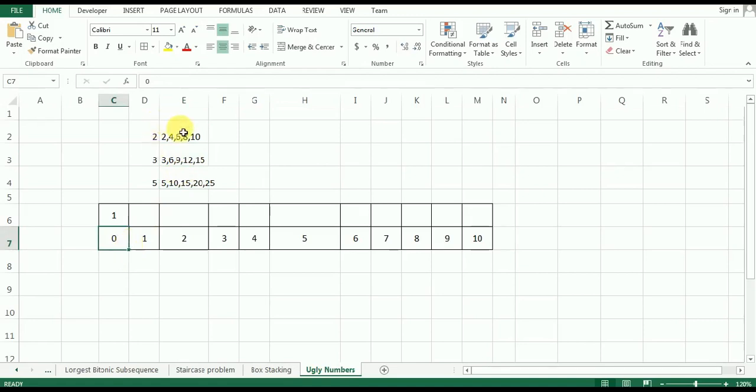Now we cannot keep the series like this, but we can surely think that this series is being formed by multiplying 2 with numbers which are incrementing. Hence, those numbers can be the numbers of an index. Hence, I will form 3 indexes over here: index 2, index 3 and index 5.